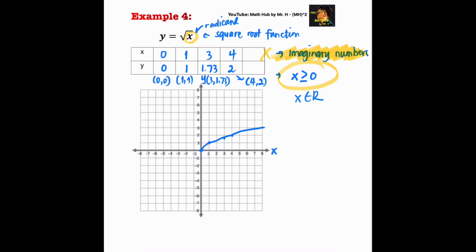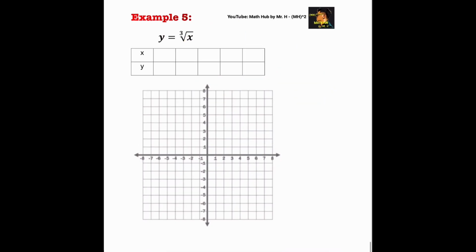And on to our last example. So we have here a cube root function. Unlike the square root function, the cube root function doesn't have any restrictions for x. The x value can be negative, or I should say the radicand can be a negative value, as long as the x value belongs to real numbers.